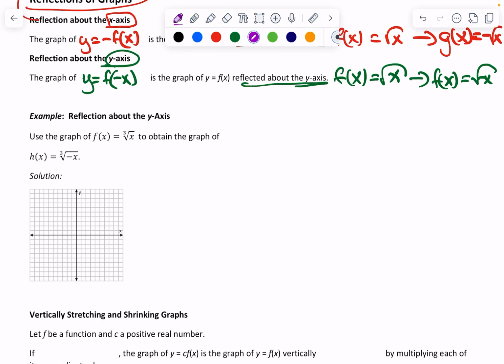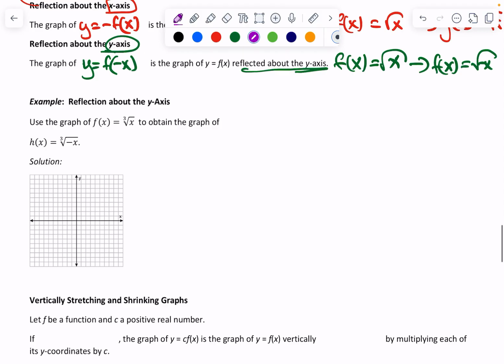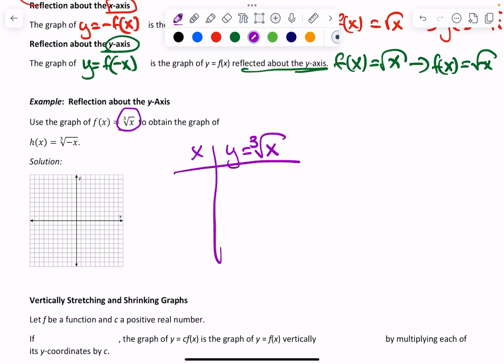Okay, let's look at an example. We're going to graph the cube root of x here. So x and our y is cube root of x. Now, we're going to start with the 0. That's going to be a 0, so it does go through the origin.